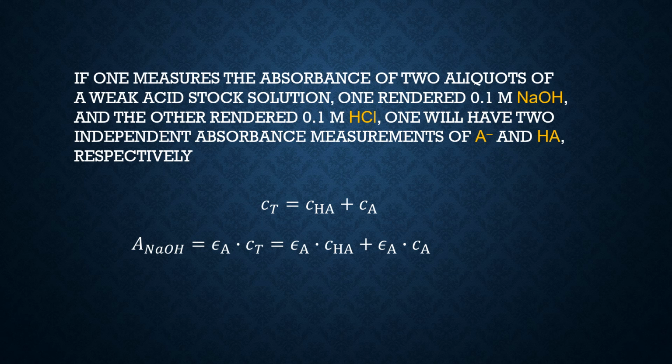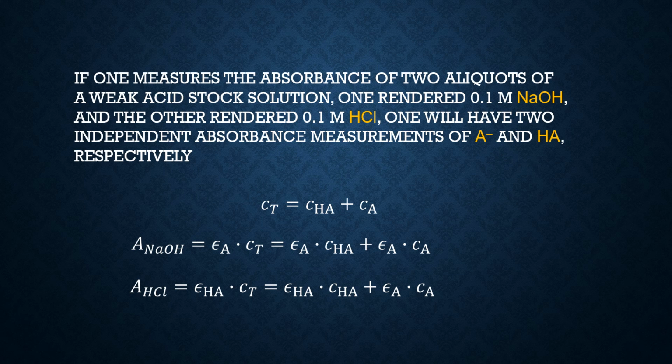So I have the extinction coefficient of A multiplied by C_HA plus extinction coefficient of A multiplied by concentration of A, in which case it would be 100%, but bear with me. If one does the same with the system driven in the HCl, I have the same situation. So I've got the following expanded equations.